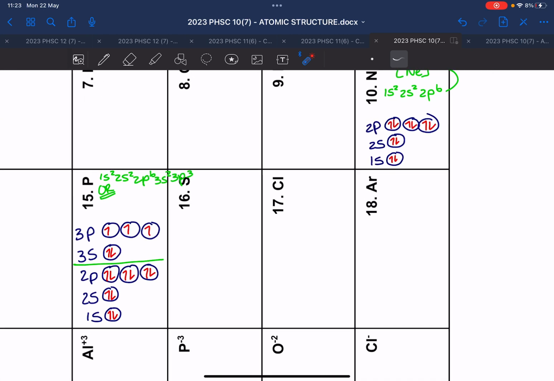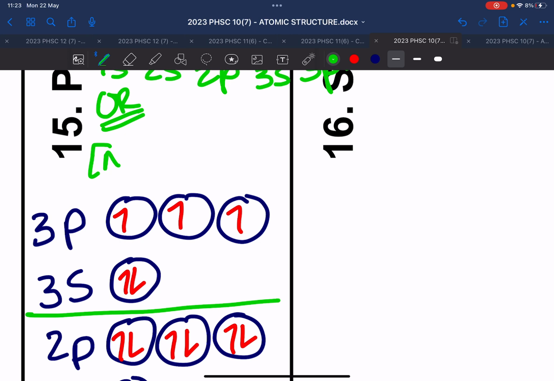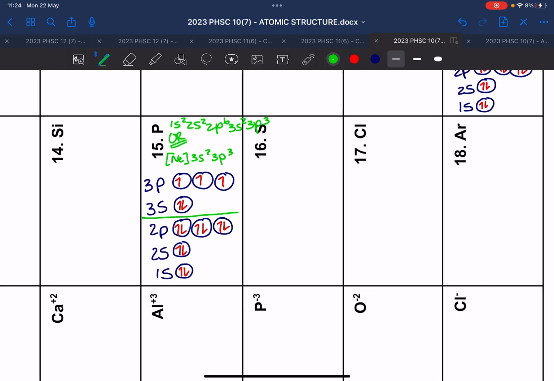We just did it. Up until there is exactly the same as neon. So instead of writing all of that, you can write neon in square brackets and then 3s2, 3p3, which is easier and shorter. But you can write either one. It won't matter.